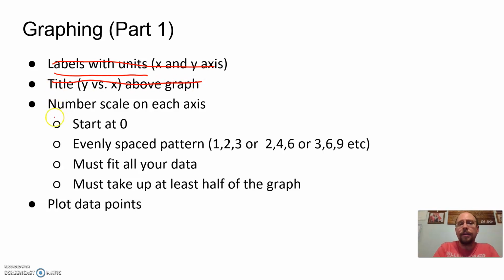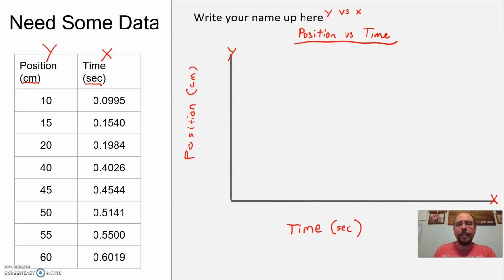And now the next part is we're going to create a number scale along the sides, things that we can plot things out. Some things to keep in mind though is that we're going to start each one of them at 0, and then we're going to create a pattern that we can use to plot our data out later with. And so when we say it starts at 0, it's really down here in the corner.